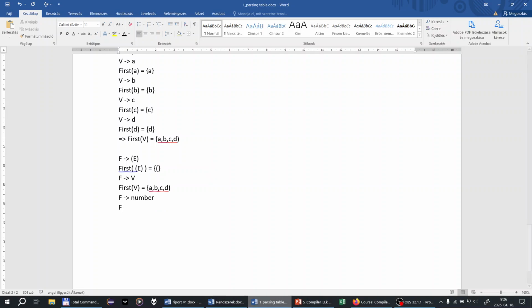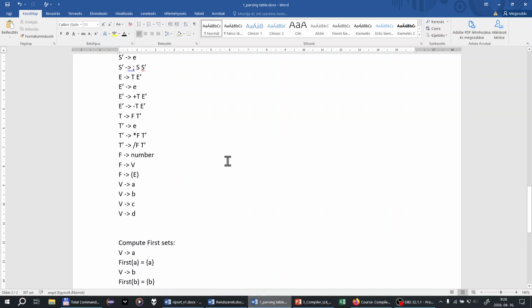Okay, and the first number, actually it can be any digit, so it always starts with 1, 2, 3, and so on. Or maybe start with 0 to 9. Okay.